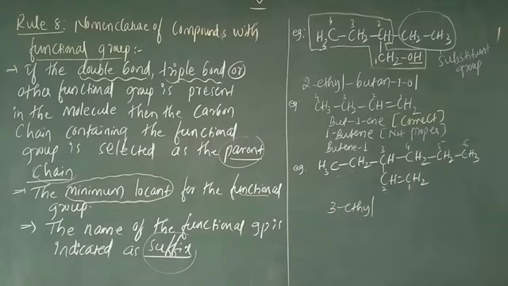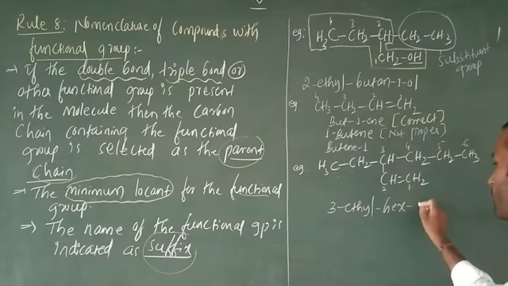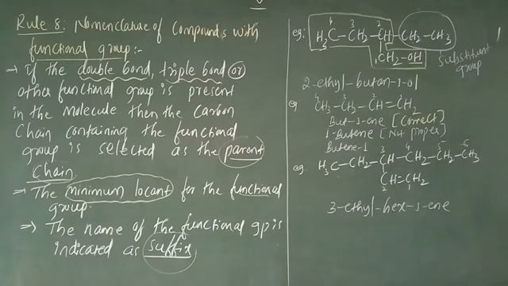Totally how many carbons are there? 6 carbon. That is why first you have to write hex-1-ene, so 3-ethylhex-1-ene. Some students are going to write 3-ethyl 1-hexene, that is also right, but not in a proper way. This one is correct.